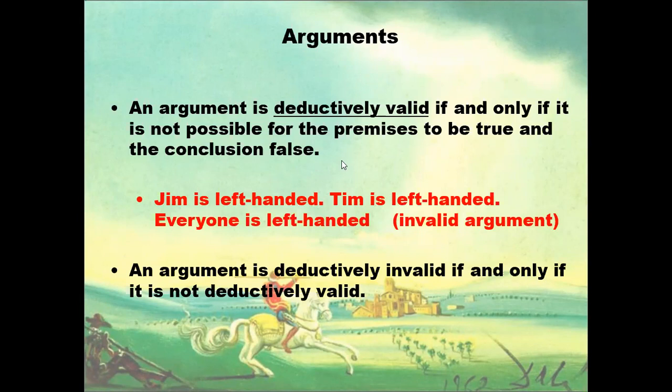We'll come back to this whole thing with validity next class, but I want you to understand how we're defining validity. A valid argument is one in which, if I accept the premises as true, I'm also then required logically to accept the conclusion as true.